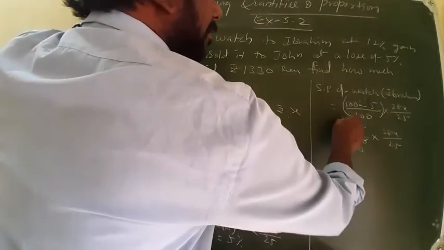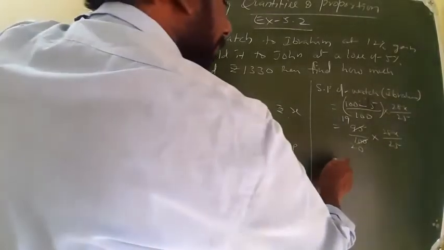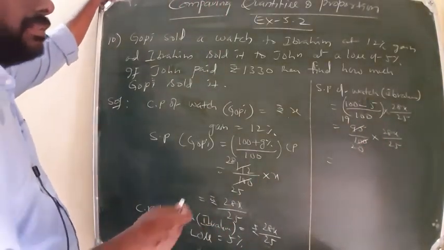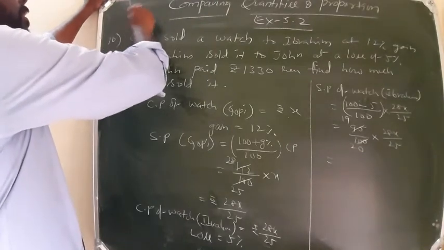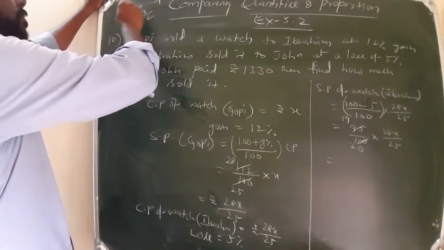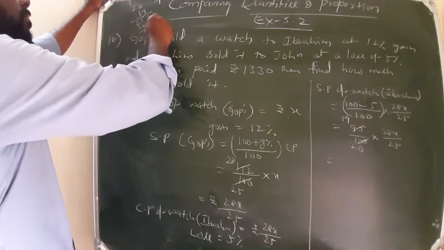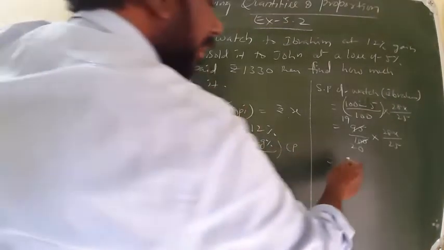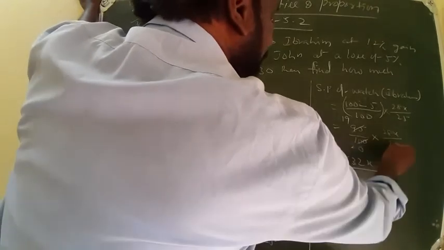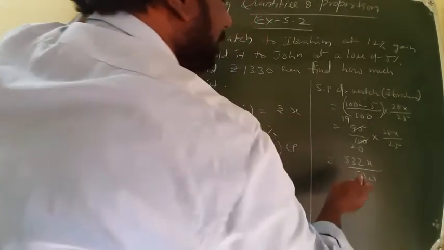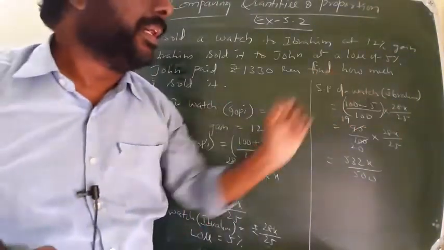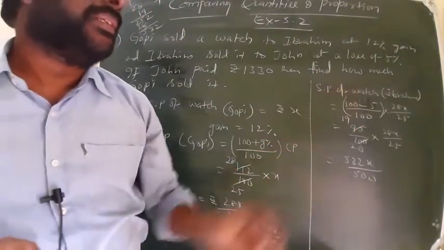CP is 28x by 25. 95 by 100 into 28x by 25. 5 table, 5 20s, 5 19s. So 19 into 28, that is 532x. 20 into 25, 500. So this is the selling price of the watch for Ibrahim.